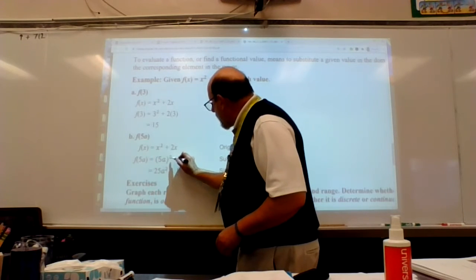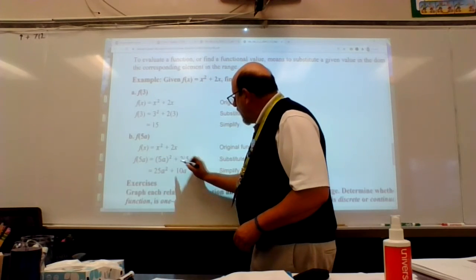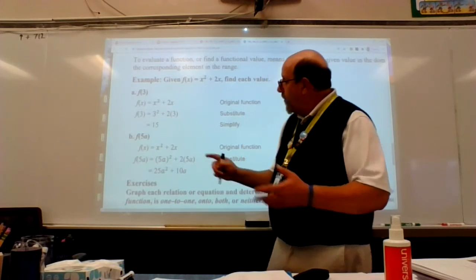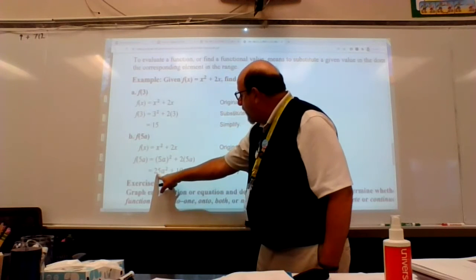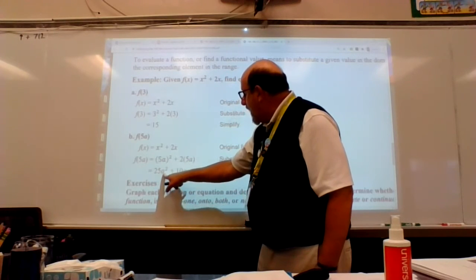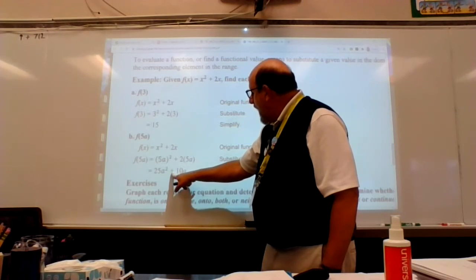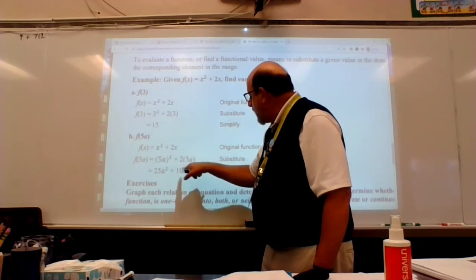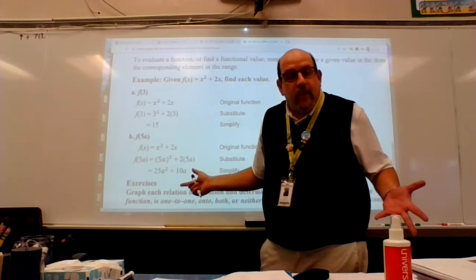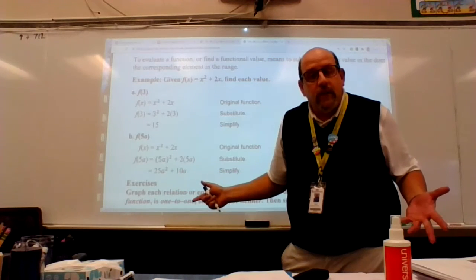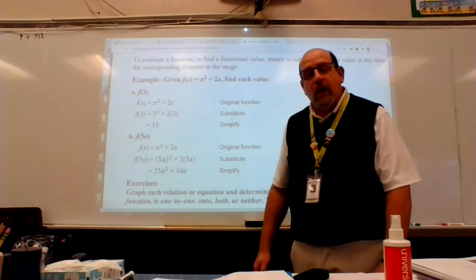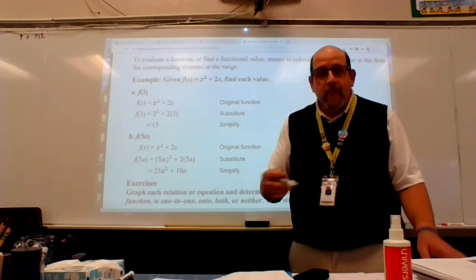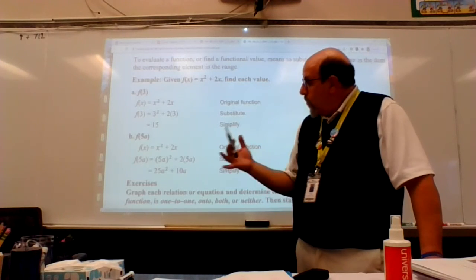We still square it, just like we squared the 3. And we put in 5a and we still multiply it by 2. Okay, well that's great. 5 squared is 25. A squared is a squared. And then we're going to add to it 2 times 5a, which is 2 times 5 is 10, times a. We're done. And we can't put these together because they're not like terms. That's really as simple as it gets. There's nothing else you need to do. We are all set.